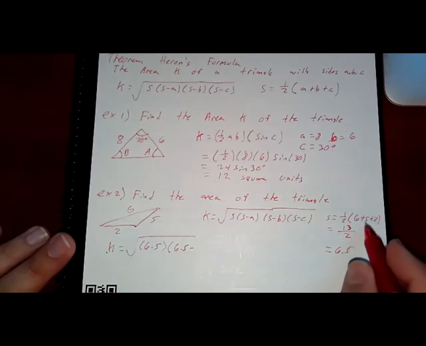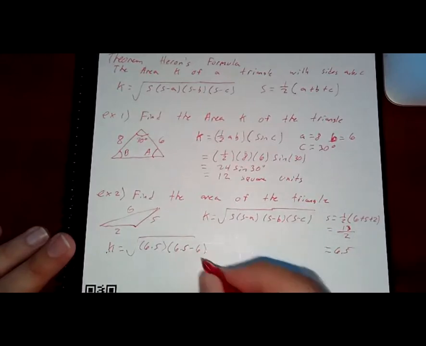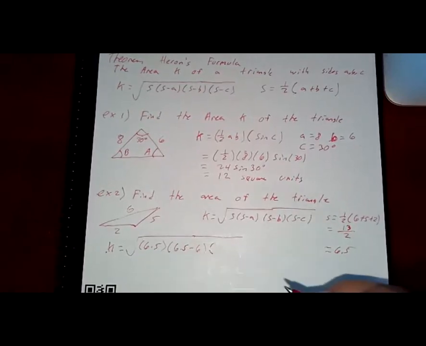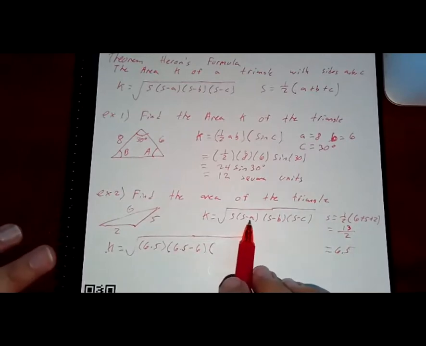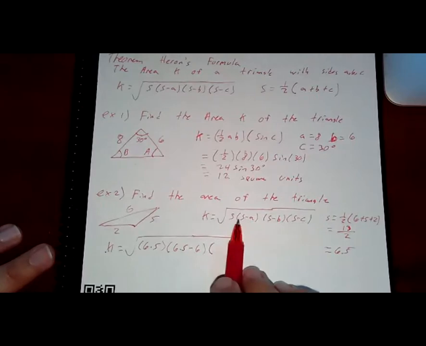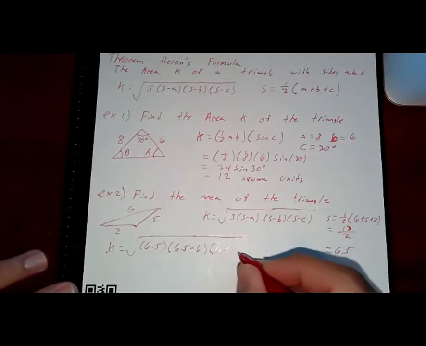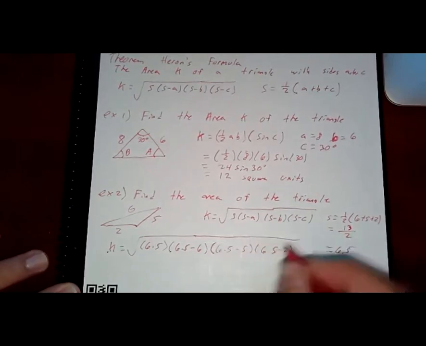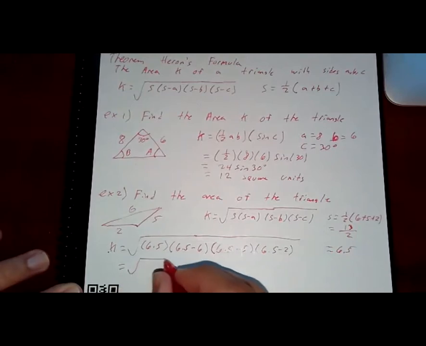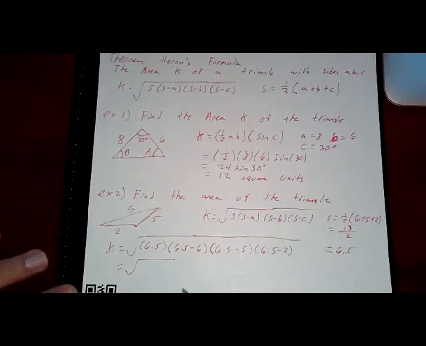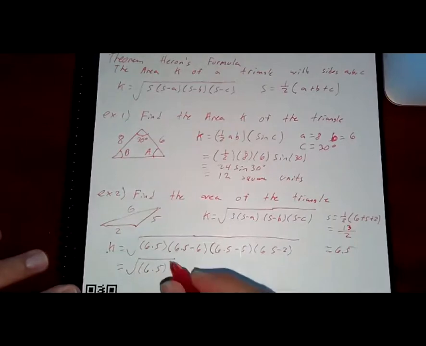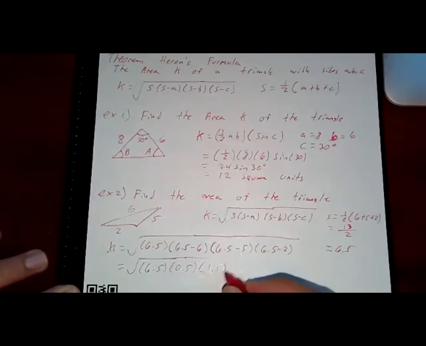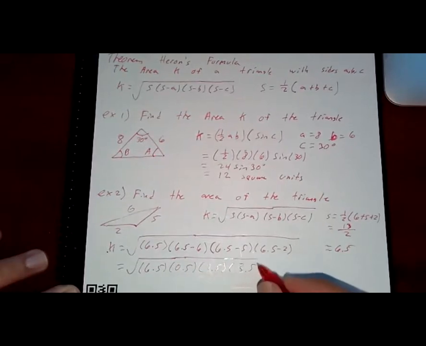6.5 minus 6 is A, right? Well, I didn't label them, but it doesn't matter. As long as you subtract each of the sides from S. Right, so minus 5 and then minus 2. So that would be 6.5 times 0.5 times 1.5 times 3.5.